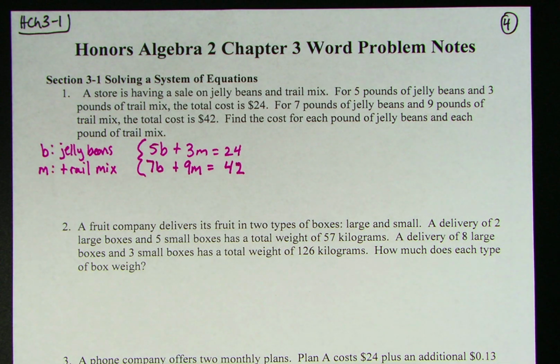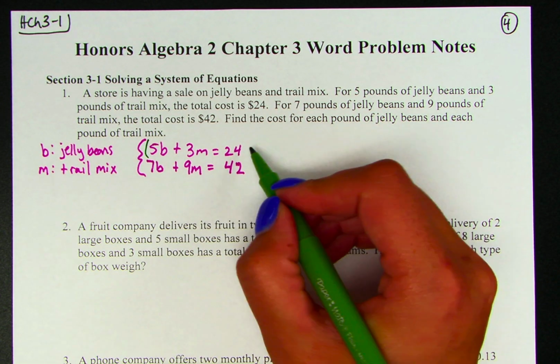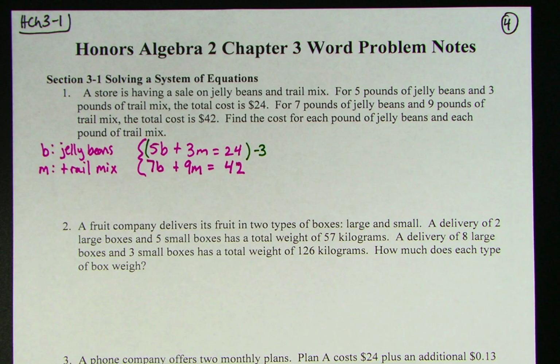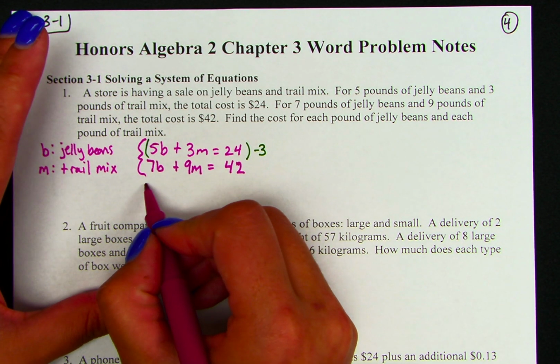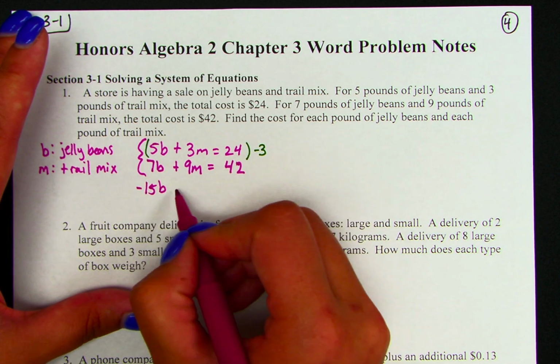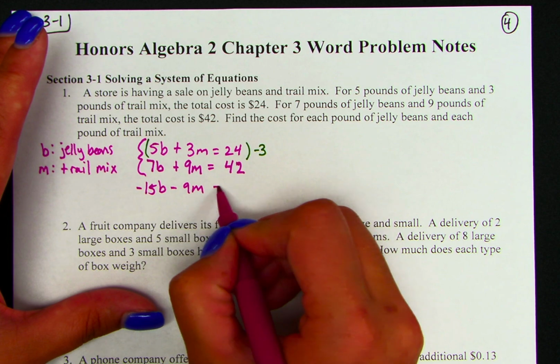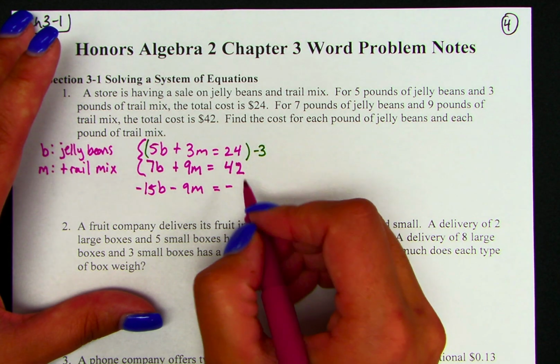And I'm going to choose to eliminate the m's, because I can just take this equation times -3. So that would give me negative 15b minus 9m equals negative 24 times -3, 72.